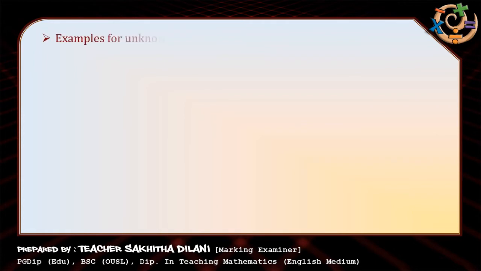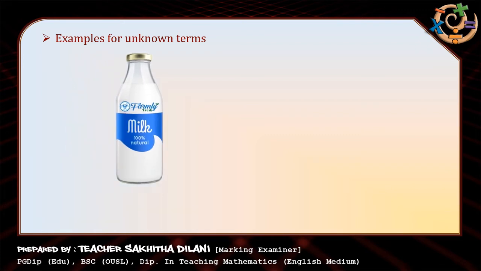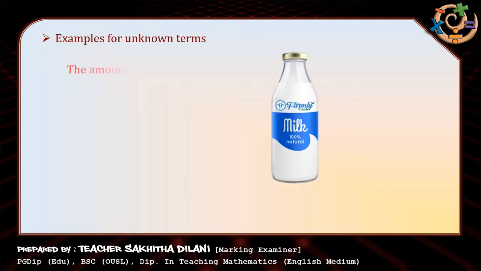Let's see what unknown terms are. Suppose that a certain household buys the same amount of milk each day. Can you tell me the amount of milk contained in this bottle? No, you can't say it because we don't know the amount it has exactly.